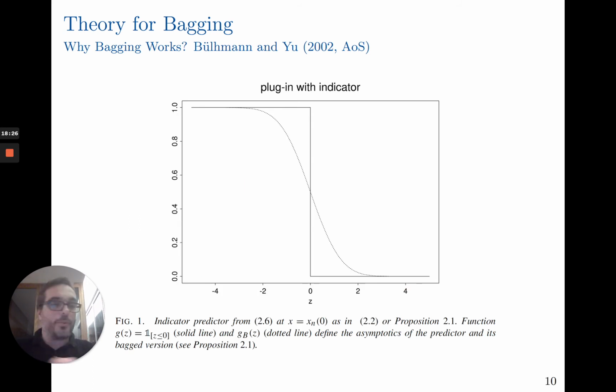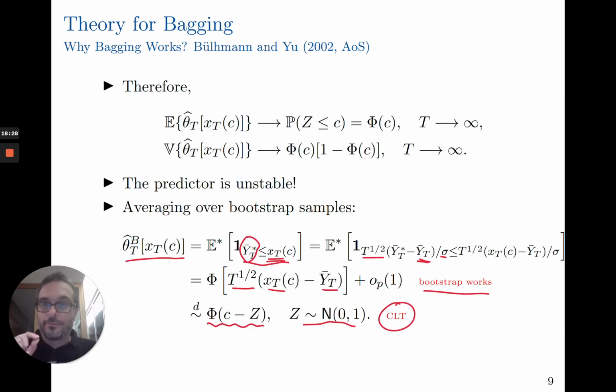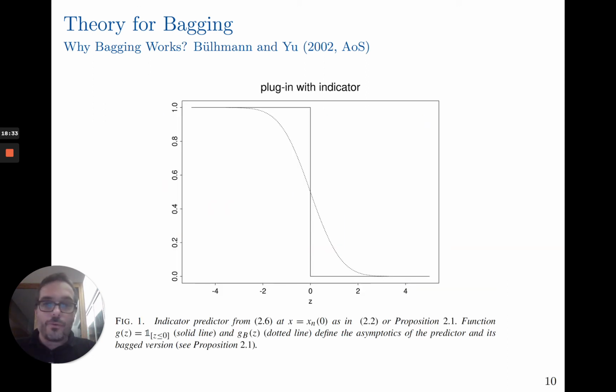So basically, that's our estimator. Compare here: the original estimator is a step function. Depending on whether your argument is here or there, you have completely different outcomes.